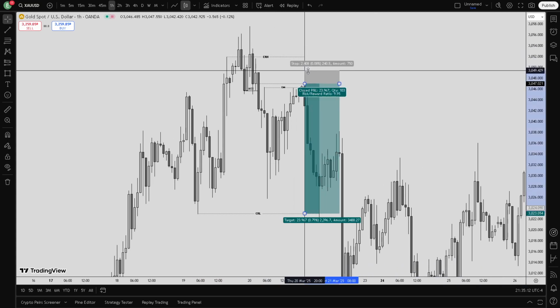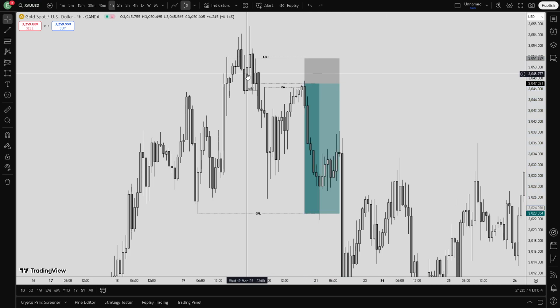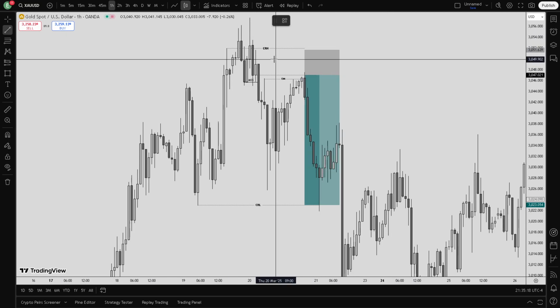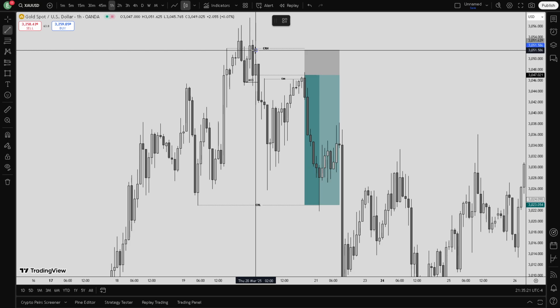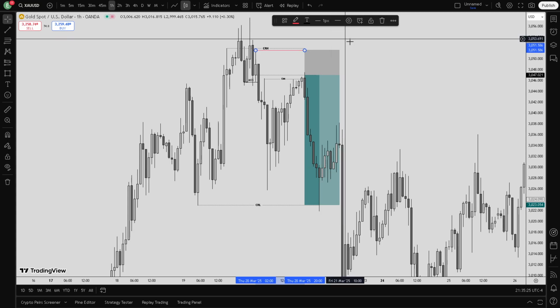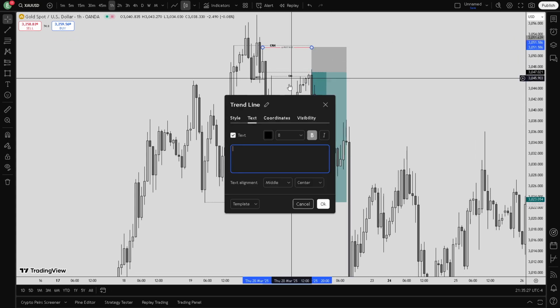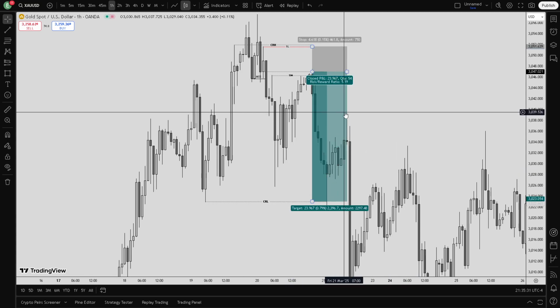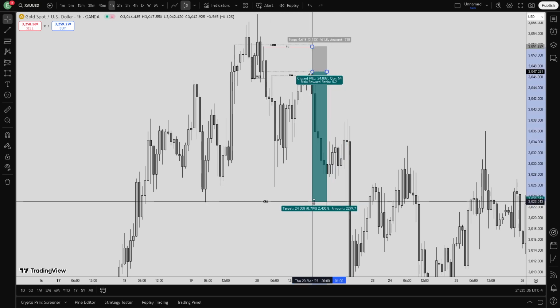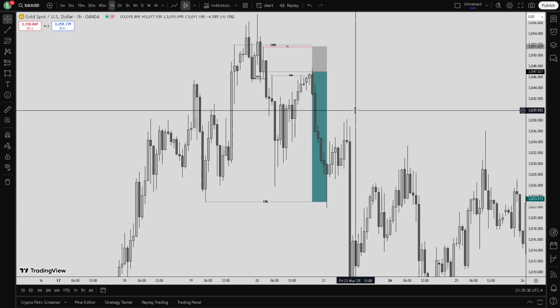But a good stop loss would have been the end of the order block, which would have been this one in this case. This would have been your stop loss for this trade, making this trade a 1 to 5 risk to reward.